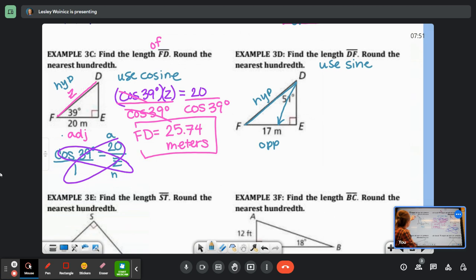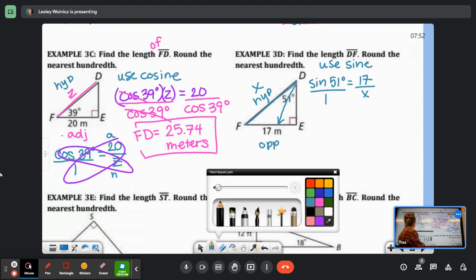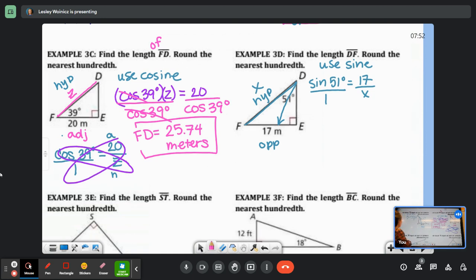So the sine of 51 degrees equals the opposite, which is the 17, over the hypotenuse. Let's call this x. Now, again, my variable is in my denominator, so in order to get that variable up to the top, I can cross multiply.